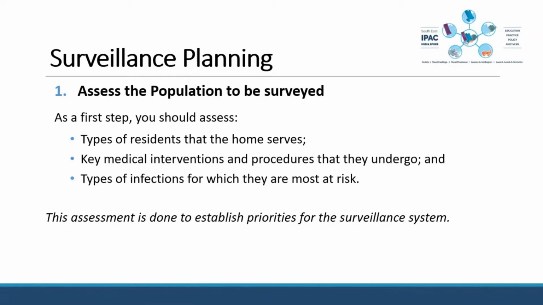Do a lot of the residents have indwelling catheters? Is a lot of wound care happening? And the type of infections at risk. Is it respiratory, GI, UTIs, etc.? By doing this first step in the assessment, it will establish what the priorities are for the surveillance system required at your home.